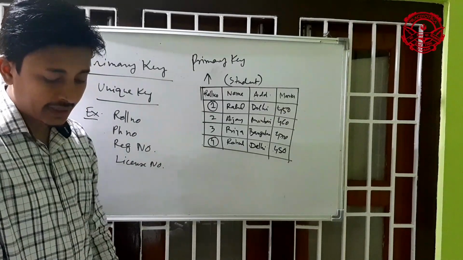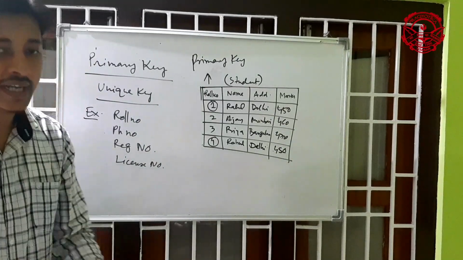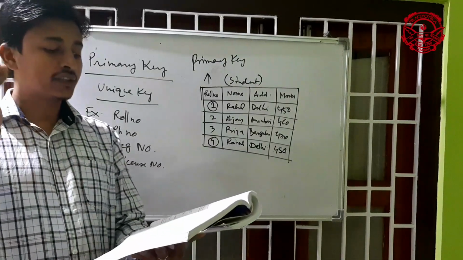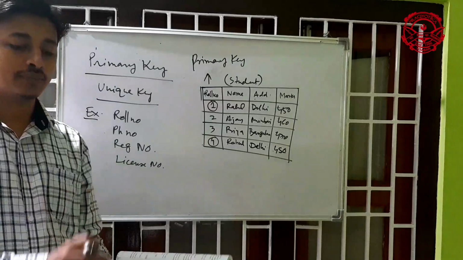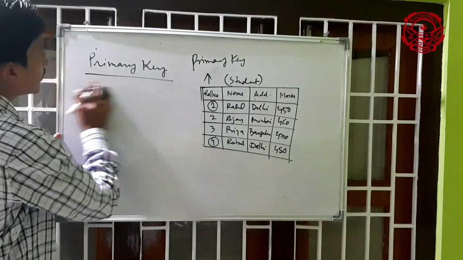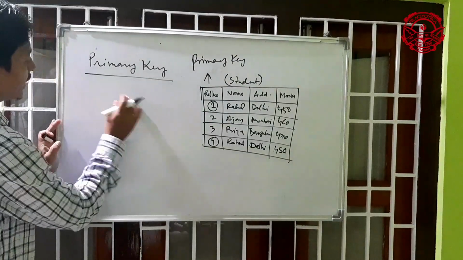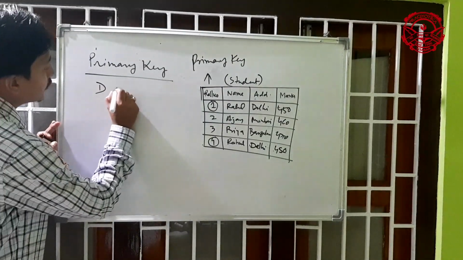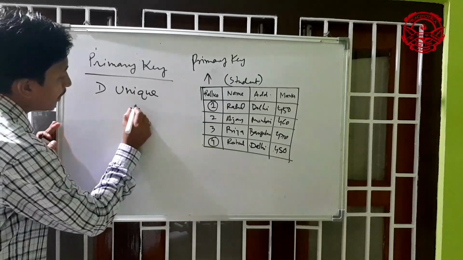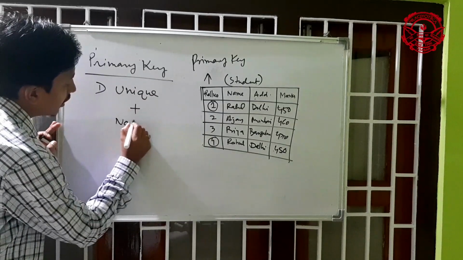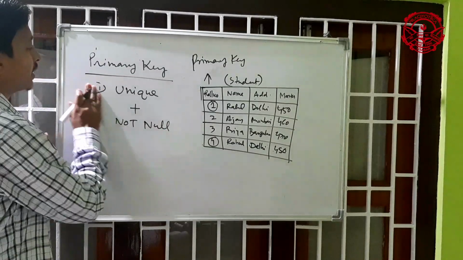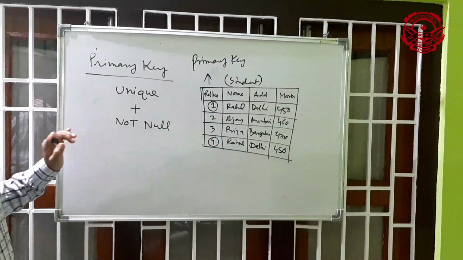A primary key has two characteristics. In the book you can see it should be unique and it should not have a null value. This is the characteristic of a primary key.